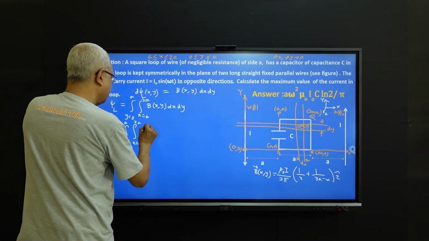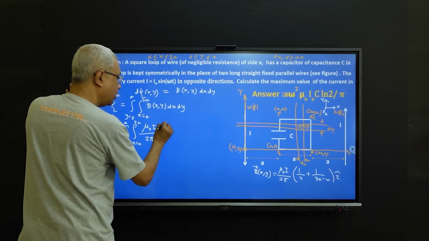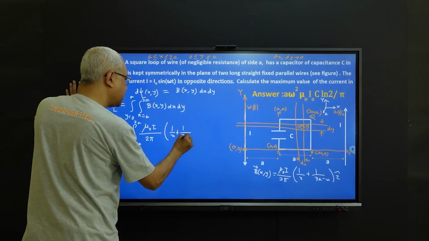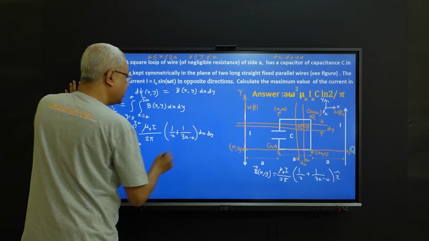So psi L is the integral of B(x, y), which is mu naught I by 2 pi, 1 by x plus 1 by 3a minus x, dx dy.